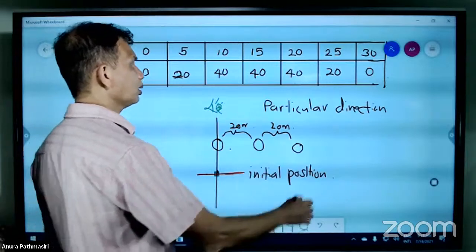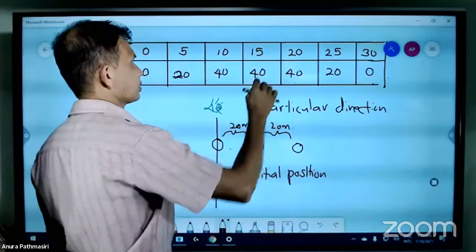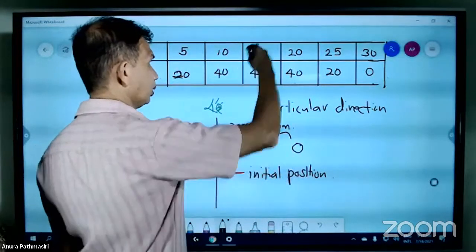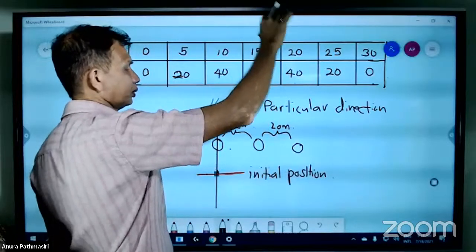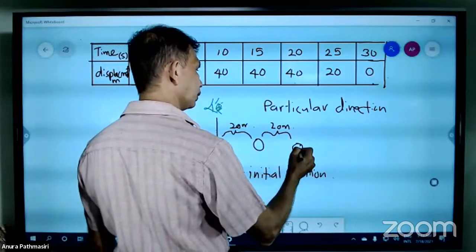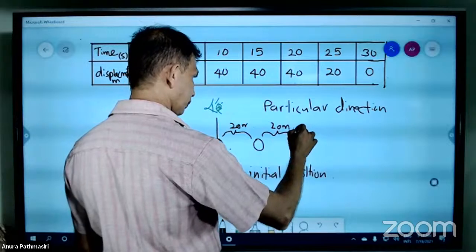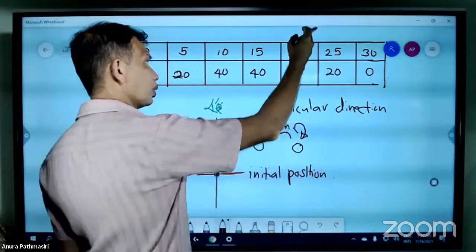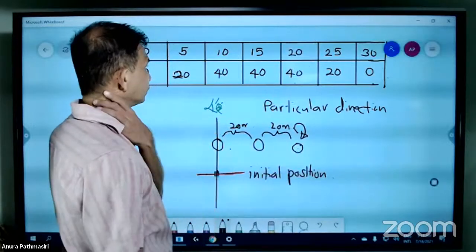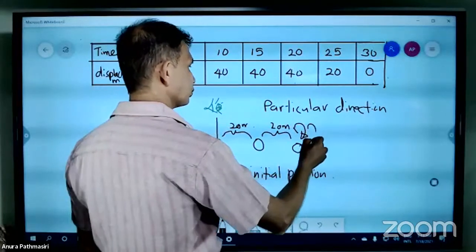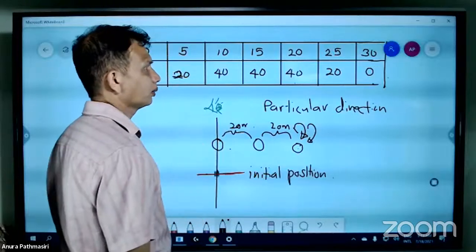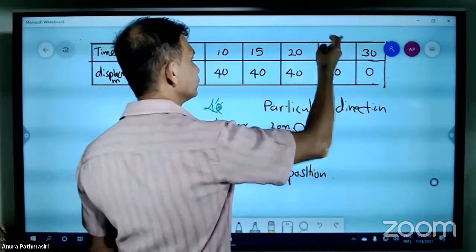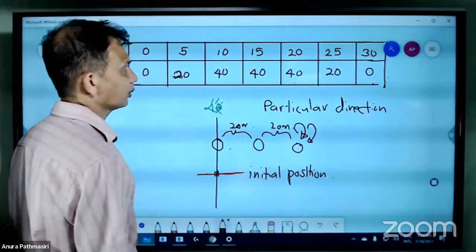And when it is 15 seconds, the time goes on, but the displacement stays 40, that means it remains in the same position. When it is 20 seconds, still it is 40. And when it is 25, now it is 20.